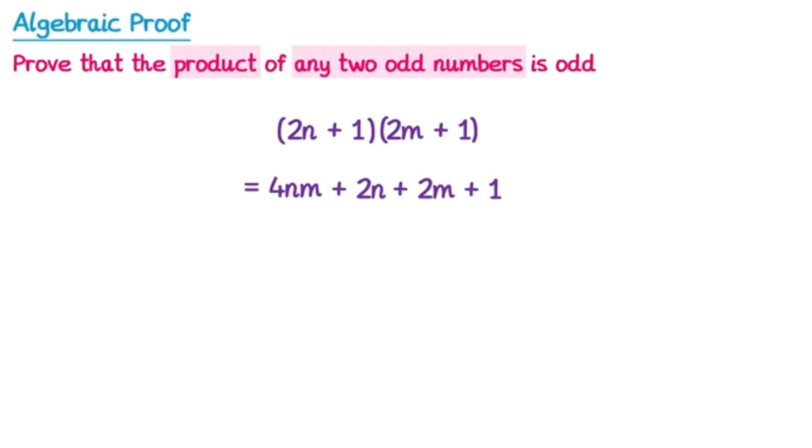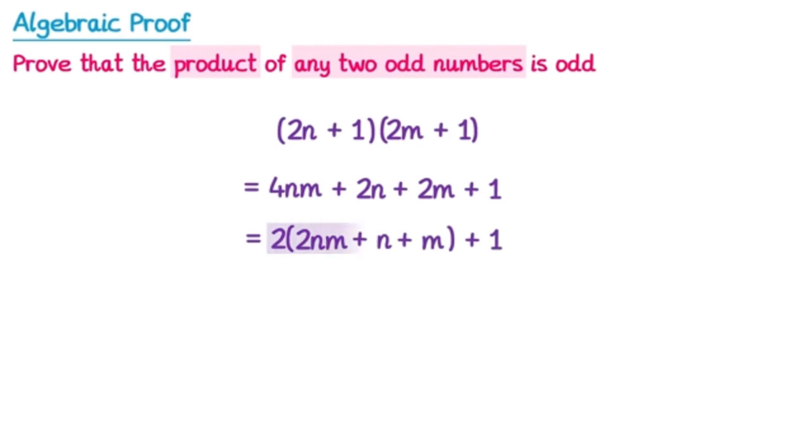And to show something's even, we show it as a multiple of 2. So what we want to do here, since we have the plus 1 at the end, is factorise a 2 out of all of the other terms. So it's 2 lots of 2nm plus n plus m, plus 1.